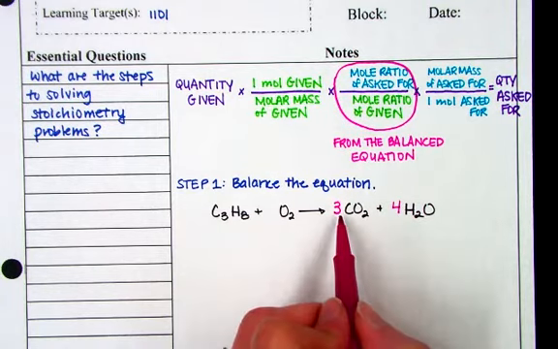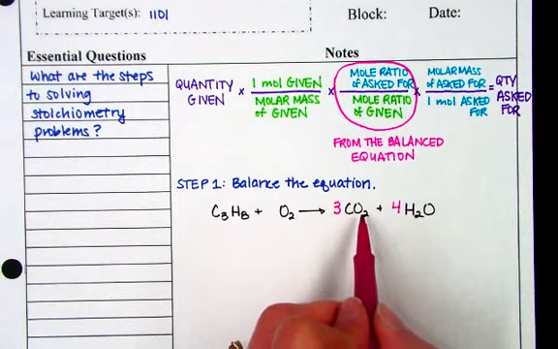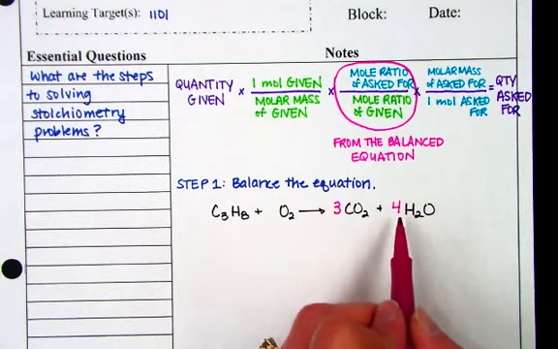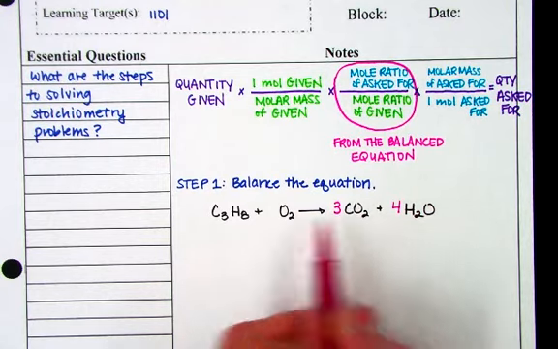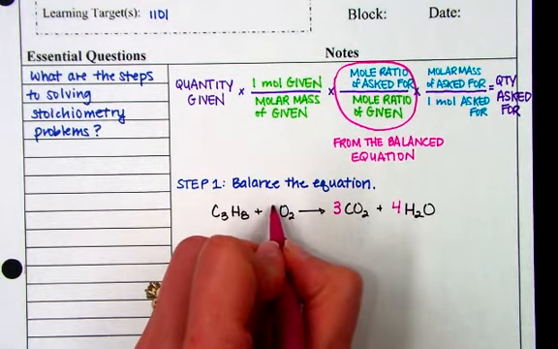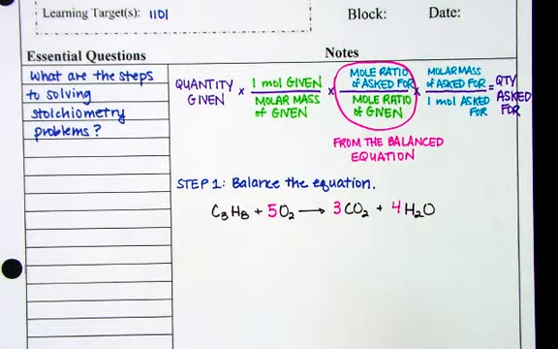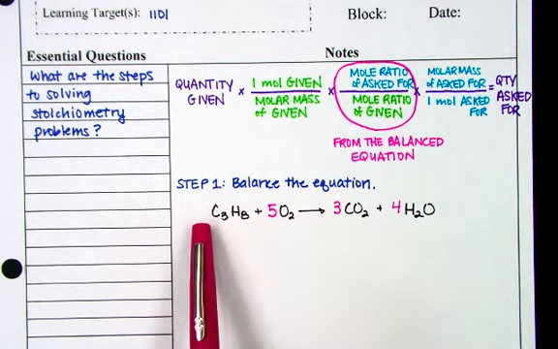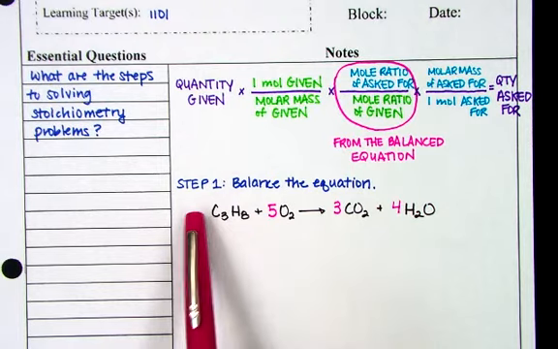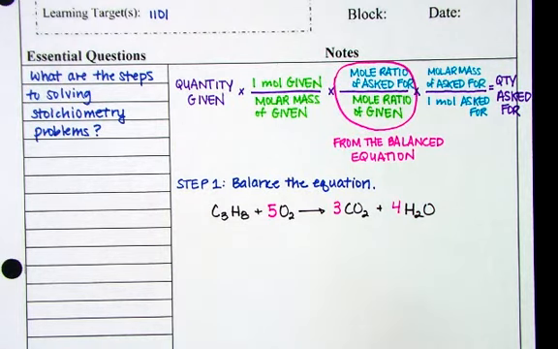Then when I count up oxygens, 3 times 2 is 6, plus 4 times 1 is 10. So in order to get 10 on the reactant side, I put a 5 as its coefficient. What number is out here even though it's not here? 1. A 1. Remember, if there's no number, it's a 1. Very good.